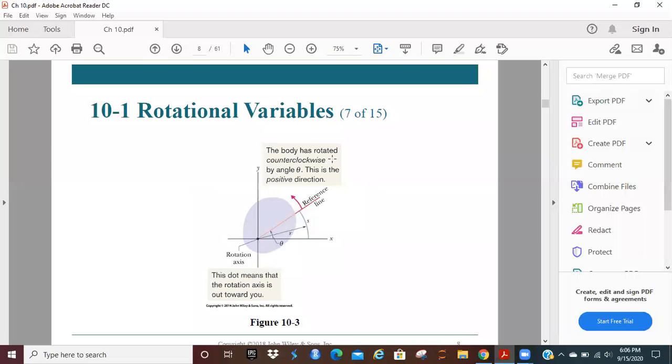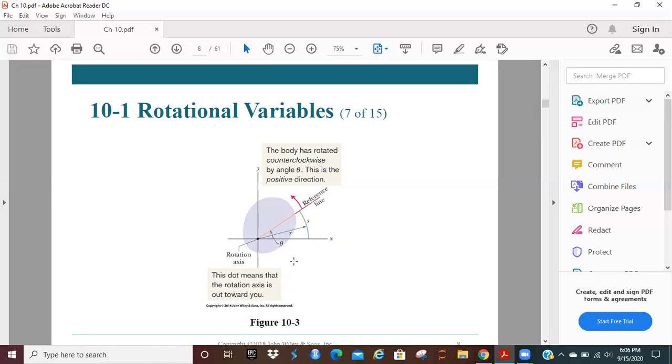The body has rotated counterclockwise by this particular angle. The reference line is moving through relative to this, and this is considered the positive direction. If it rotates counterclockwise, that's considered positive.